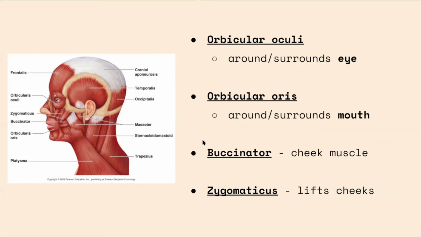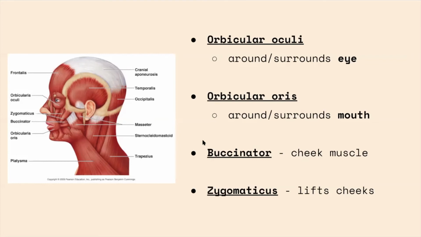Okay, we're going to talk about the orbicularis oculi. So orbicular, when I hear that word, I think of surrounding. Like orbit, so it's around or surrounding the eye. Oculi would mean eye.